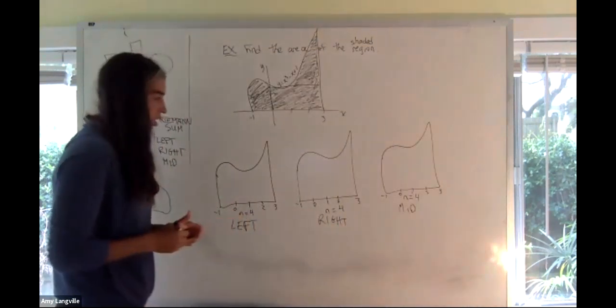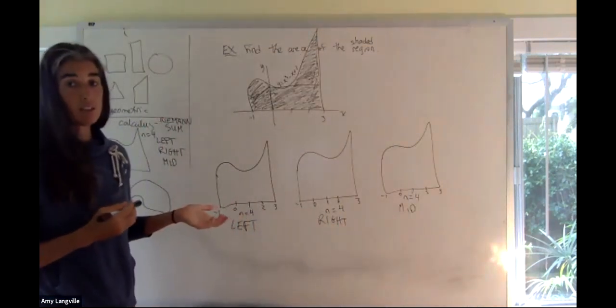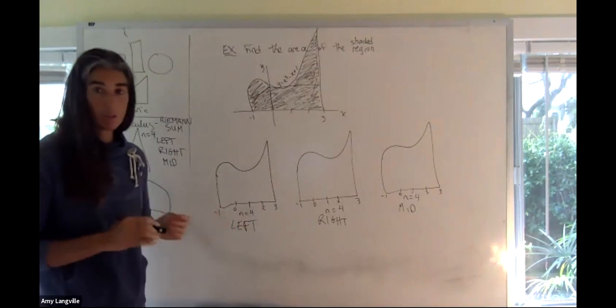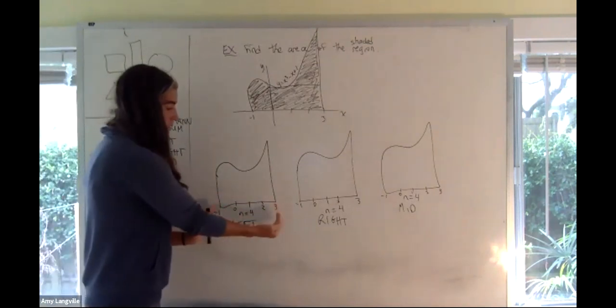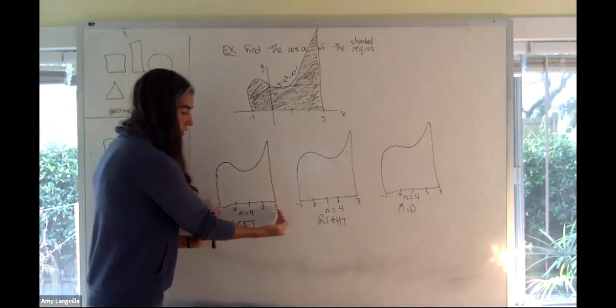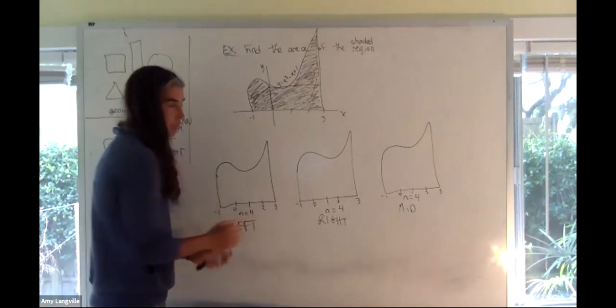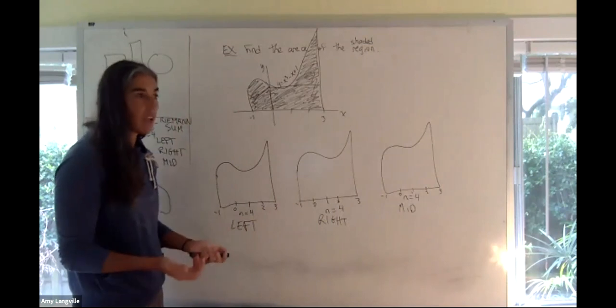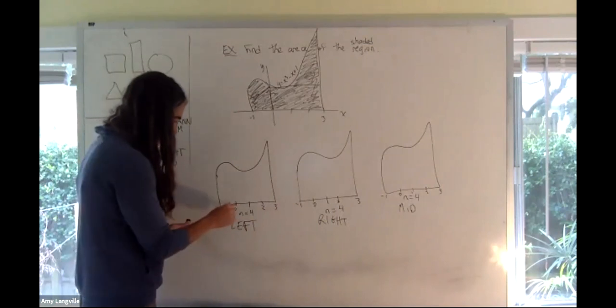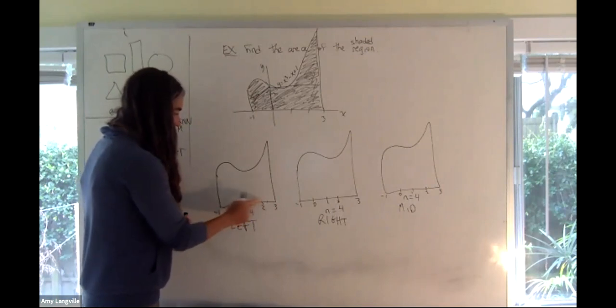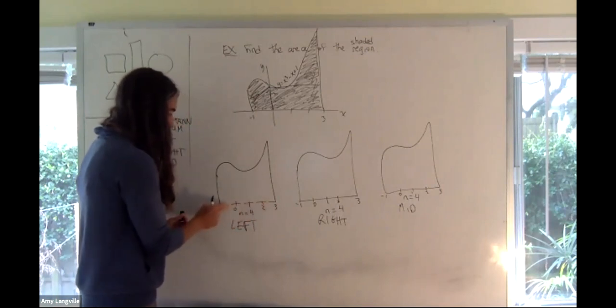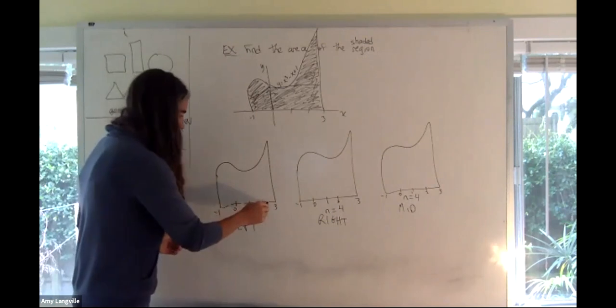If they had asked us to do 5 rectangles, we could still draw the picture, but it'd be a little annoying on the divisions because we have fractions. Dividing this space of 4 along the x-axis into 5 regions would be a little harder. 8 would be no problem because I just add halves everywhere in there. But almost always they're going to ask you for nice whole divisions of this.